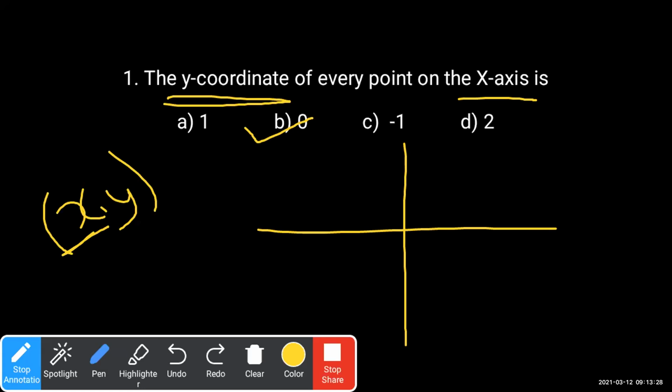If a particular point lies on the x-axis, its y coordinate will always be 0, because that point belongs to the x-axis.